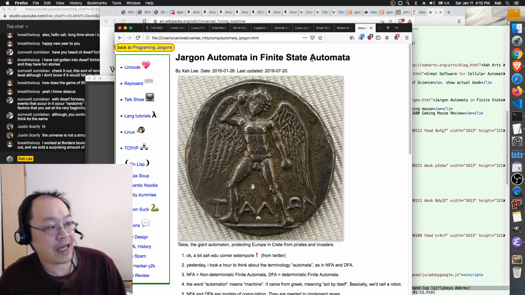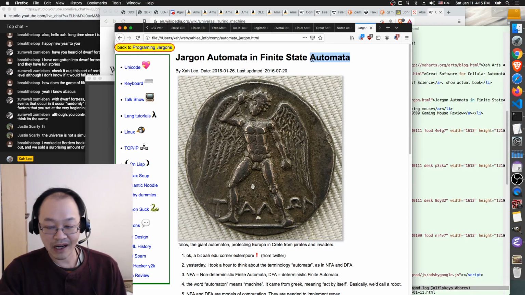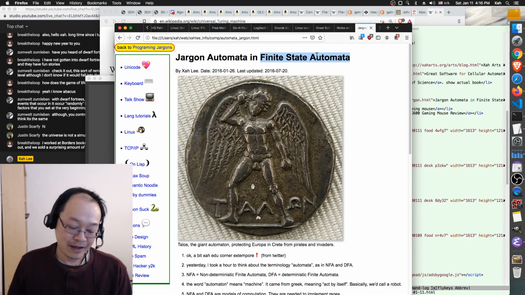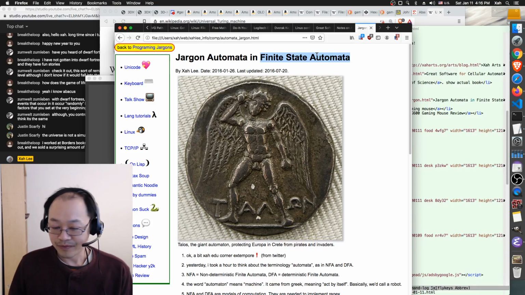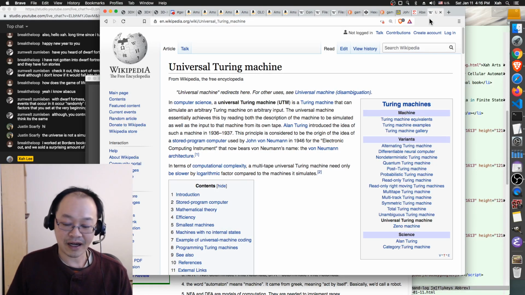Now, if you are a programmer, you might have heard of automata and finite state automata, especially if you study compilers. And why automata? Because, like I mentioned before, automata and cellular automata are kind of the main topics in theoretical computer science.